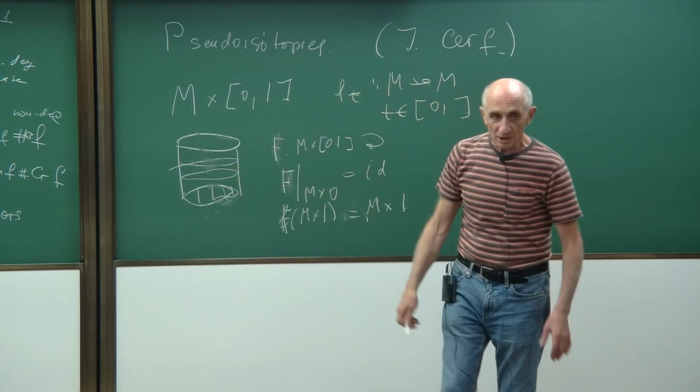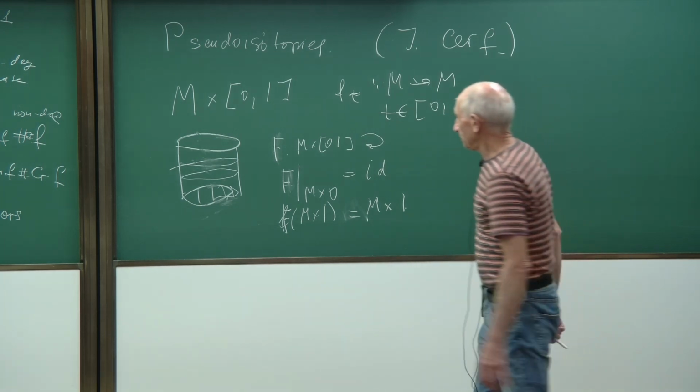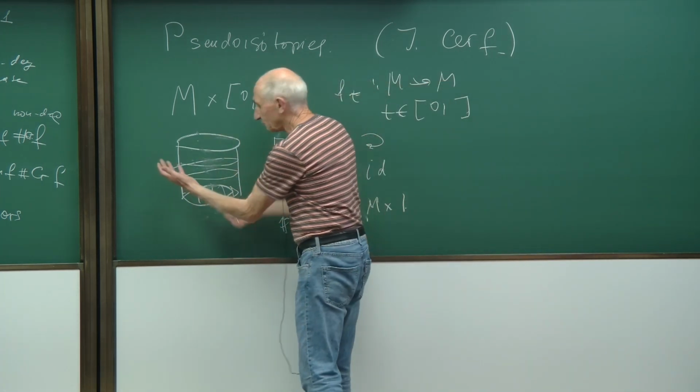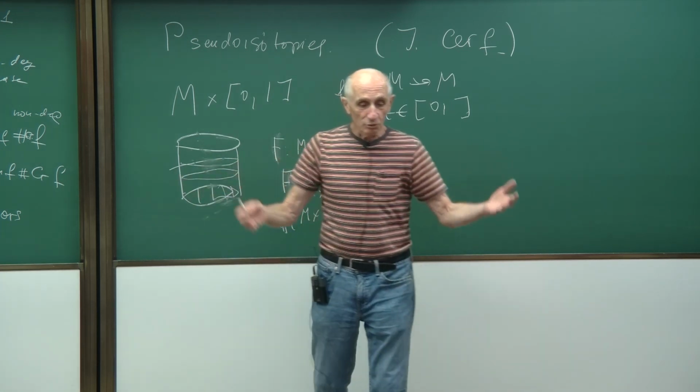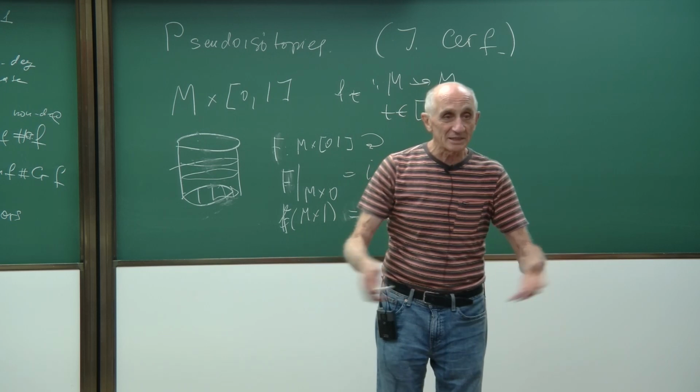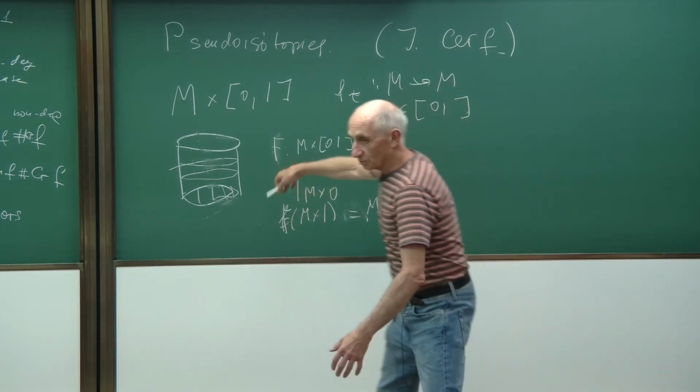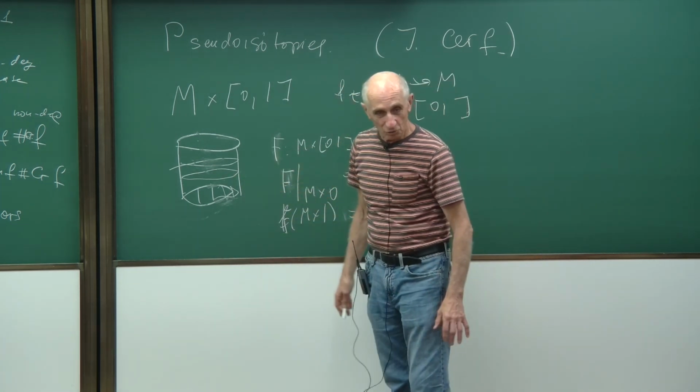This is the question which Cerf studied: what is the space of pseudo-isotopies, what is the topology of this, is it true that any diffeomorphism pseudo-isotopic to the identity is one which is isotopic to it, etc. Yes?